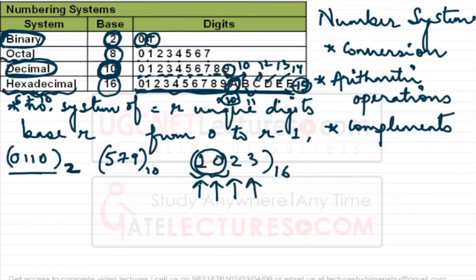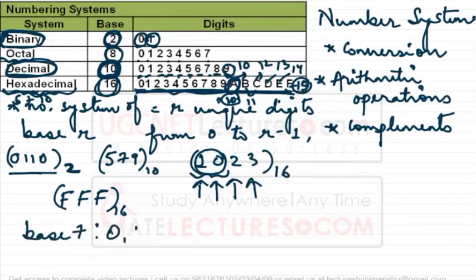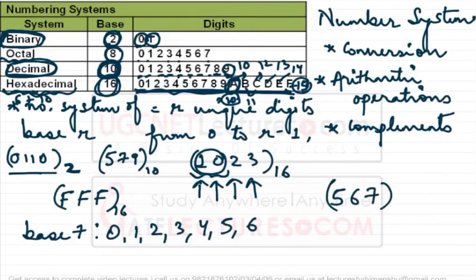Fine. So if I say write the largest possible 3-digit number in base 16. What is the largest possible number? F. This is the largest possible 3-digit number. Fine. If I have an imaginary base, suppose I have a base 7. What all digits is it going to have? 0, 1, 2, 3, 4, 5, 6. Suppose I represent a number like this and I write its base as 7.